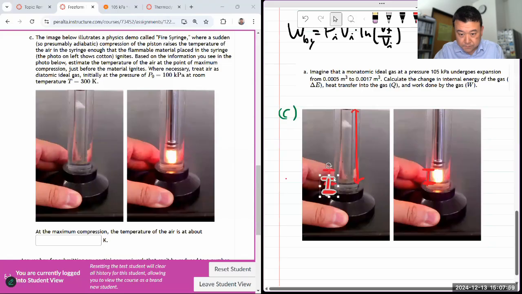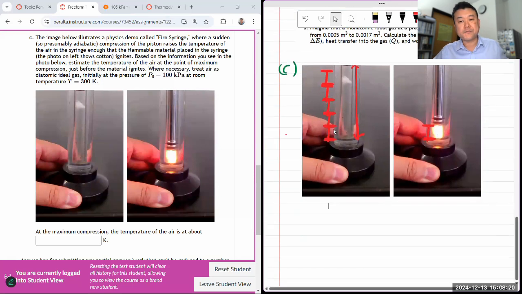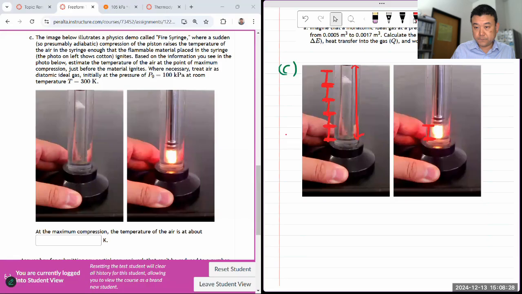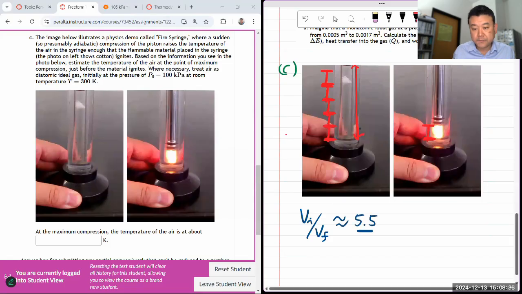Here's one of it, two of it, three of it, five of it, six of it, maybe 6.5. Close enough. So actually, 1, 2, 3, 4, 5, 5.5. So from this rough measurement, what I can say is that V initial divided by V final is about 5.5.